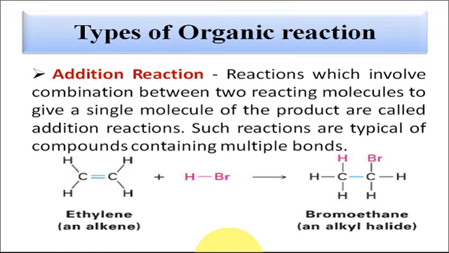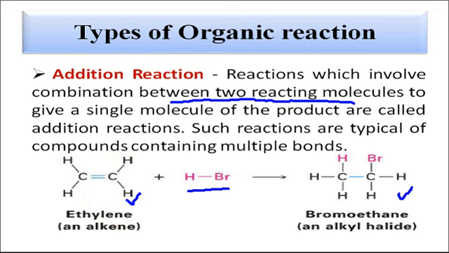The reactions which involve combination between two reacting molecules to give a single molecule of the product. That means in this type of organic reaction, the substrate molecule combines with the attacking species to give the final product. So this is the combination of the substrate with the reagent.